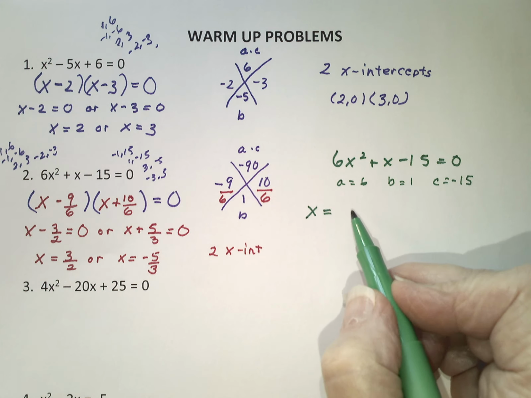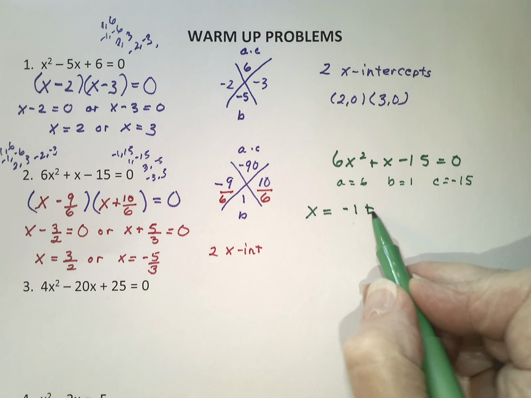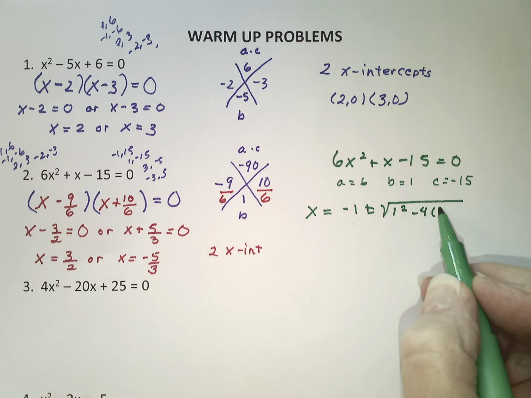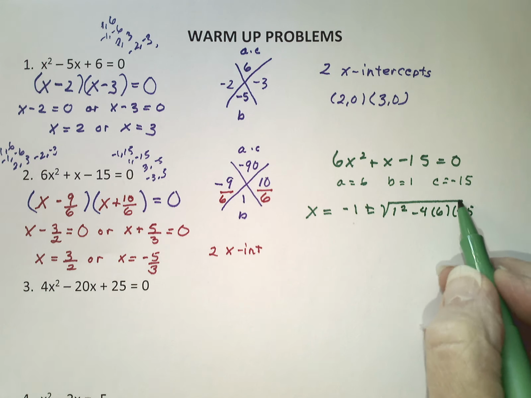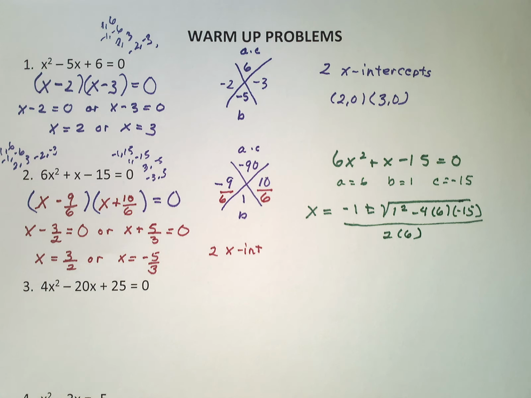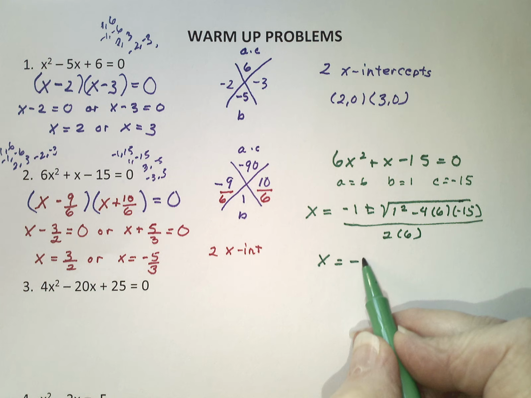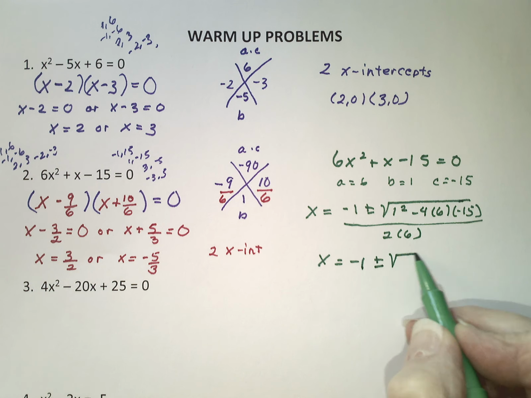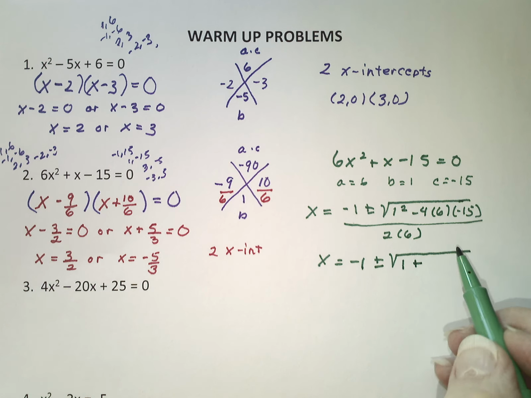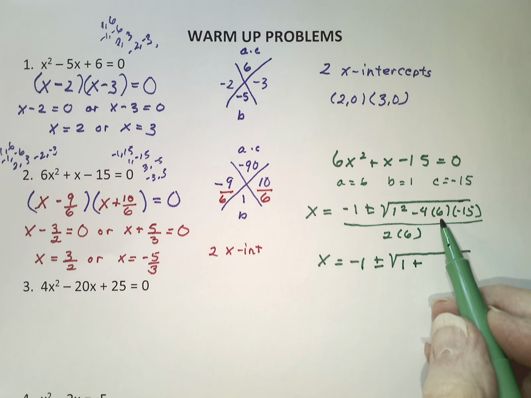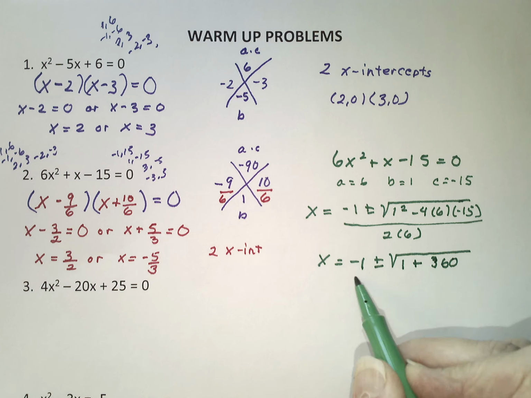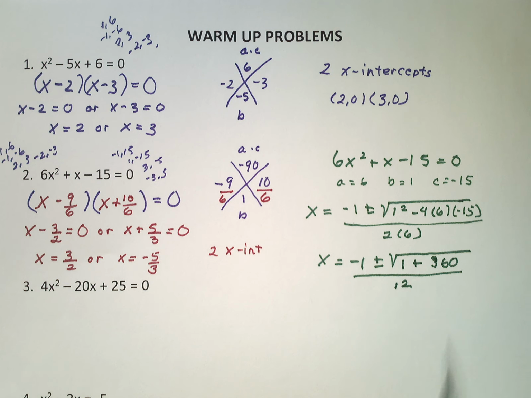So x will have to equal the opposite of b, plus or minus the square root of b squared minus 4 times a times c, all over 2 times a. Alrighty, so -1 plus or minus, well, 1 squared. A negative times a negative is going to be a positive. 6 times 15 is 90, times 4 would have to be 360, over 2 times 6.